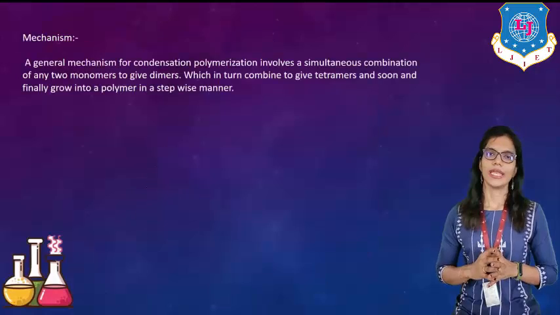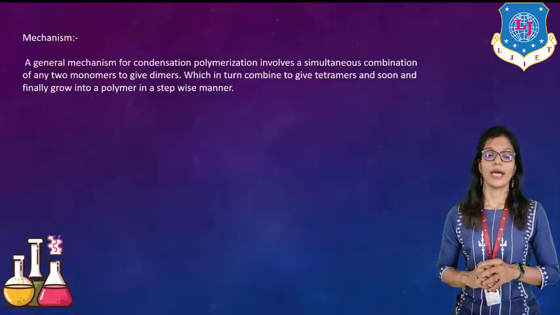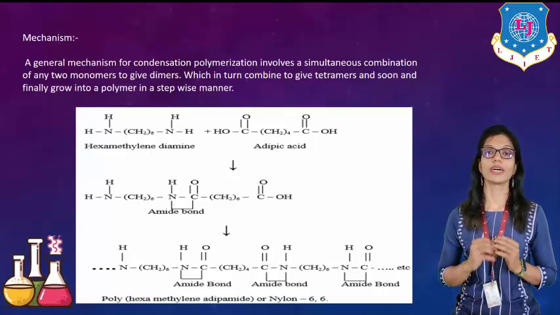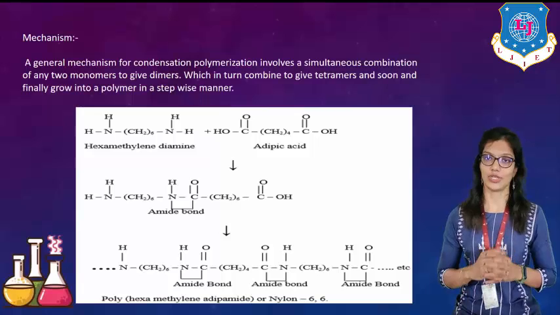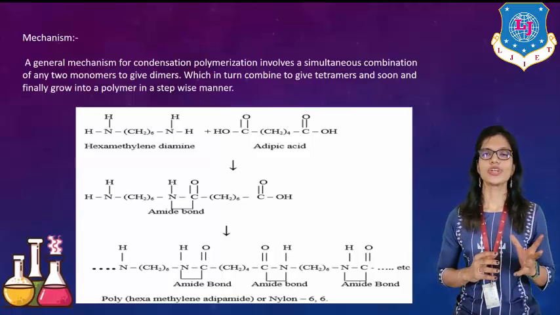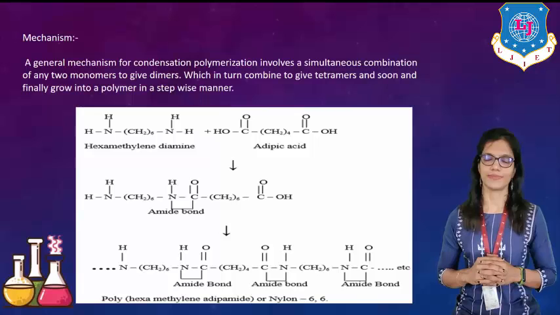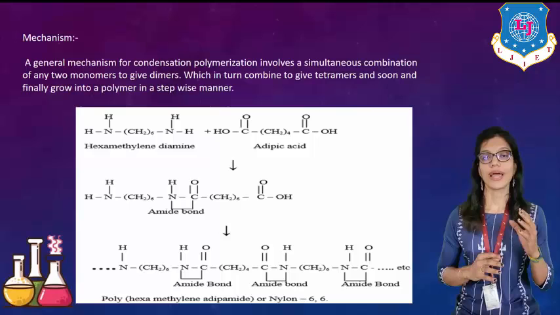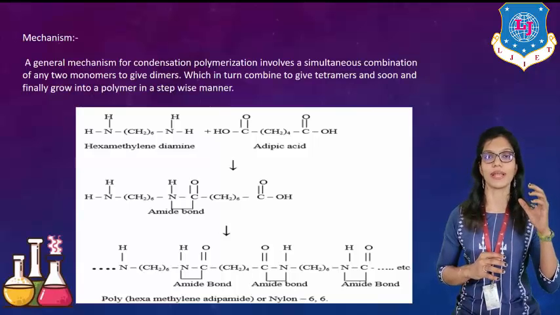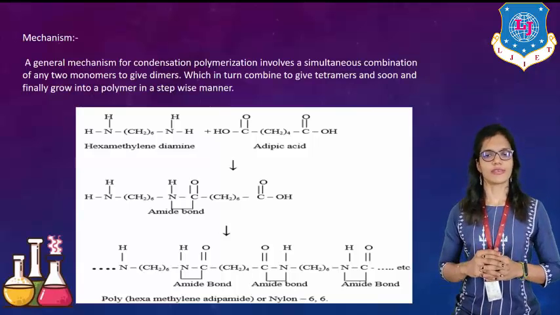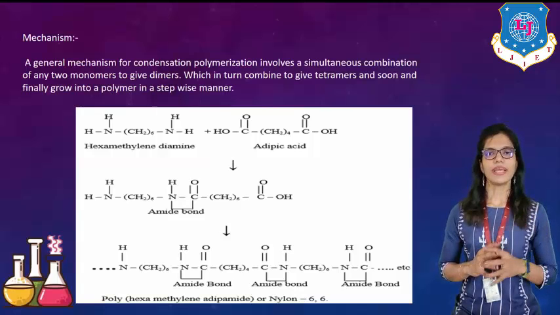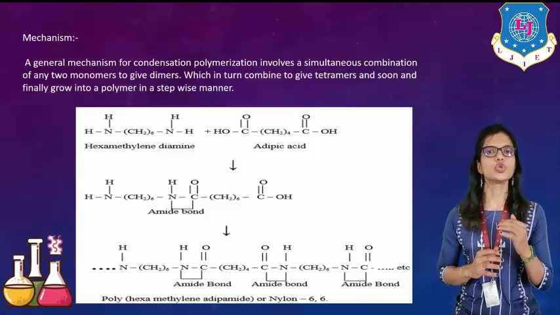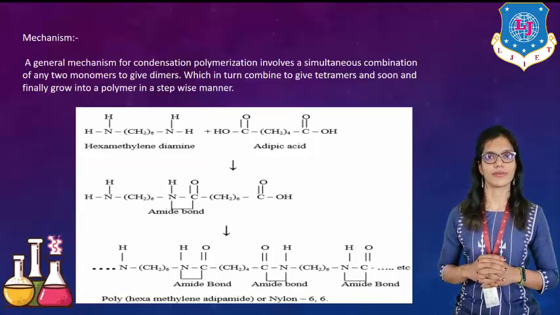Okay? Now, let's take a look at the mechanism of condensation polymerization. So students, what is the meaning of it here? A general mechanism for any kind of condensation polymerization involves a simultaneous combination of any two monomers to give dimers.